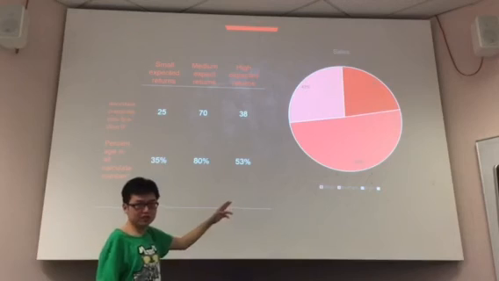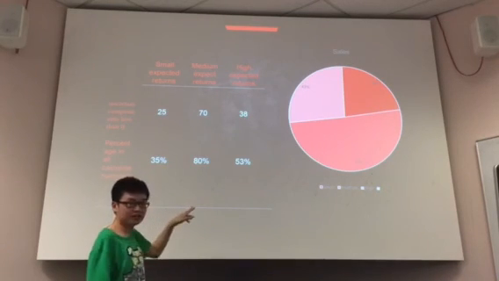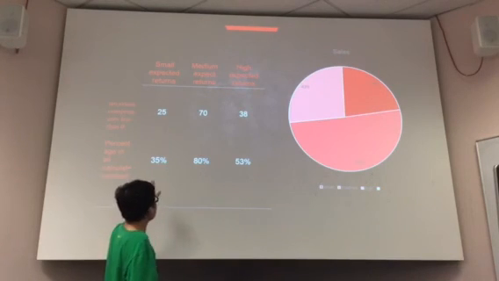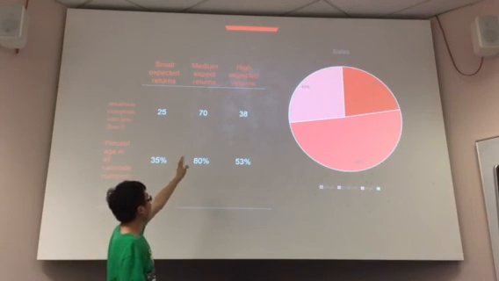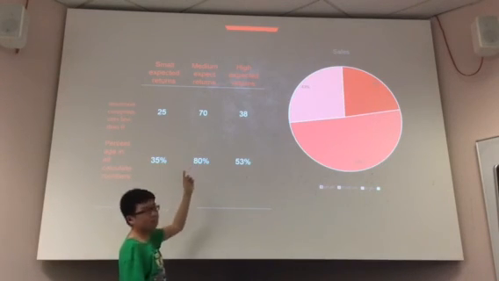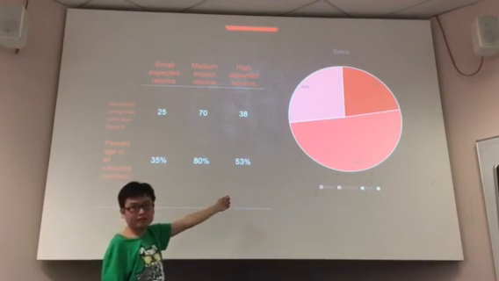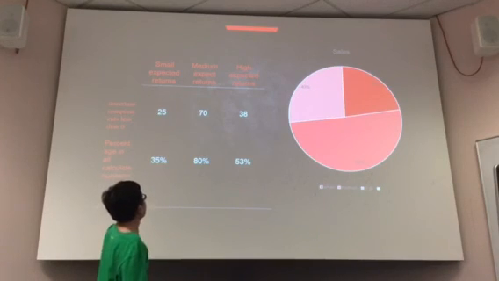And this is our discussion. We use the pair chart to do the test. We set the expected return at 30% for small, 50% for medium, and 70% for high expected returns. We count the uncertain components which are less than 0.